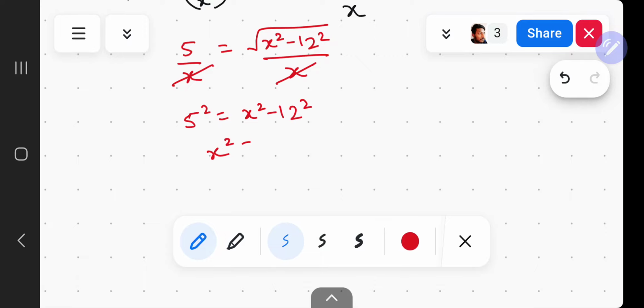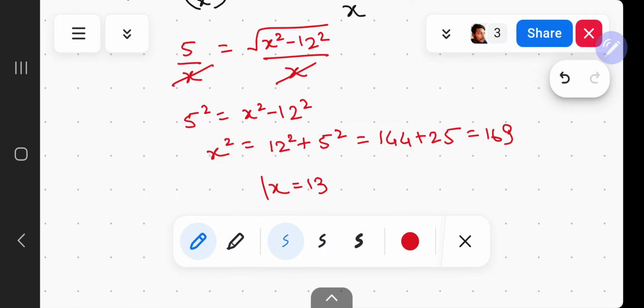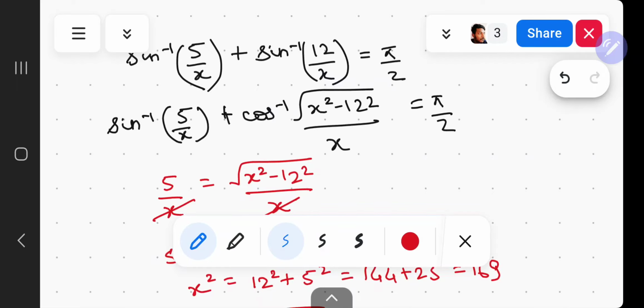So x square will be 12 square plus 5 square, that will be 144 plus 25, which is equal to 169. So x will be equal to 13 units. Whatever the unit of the length is given in the question, that will be 13 units. So this is the value of x.